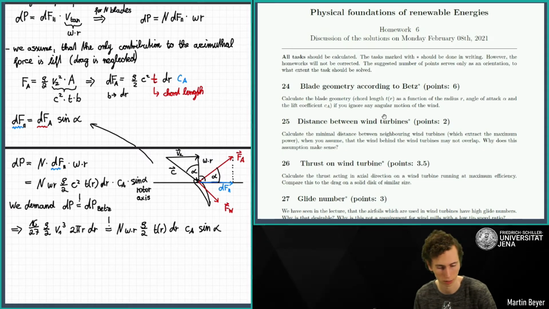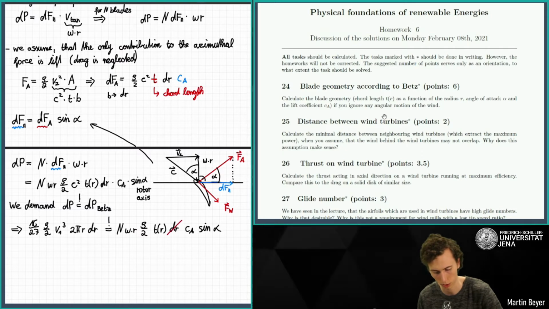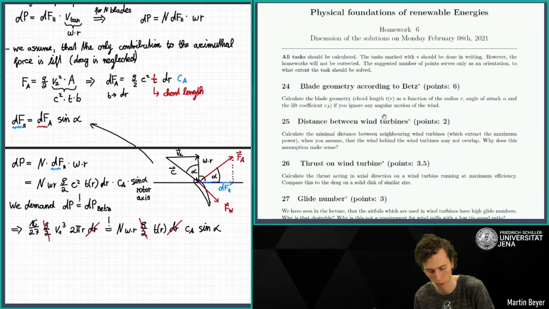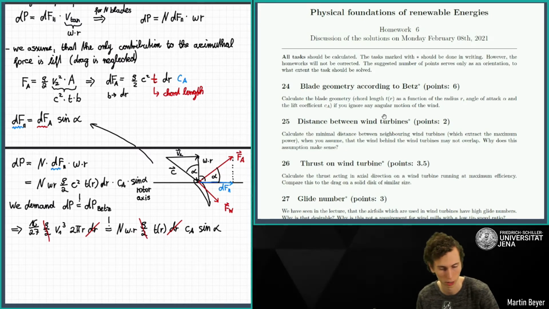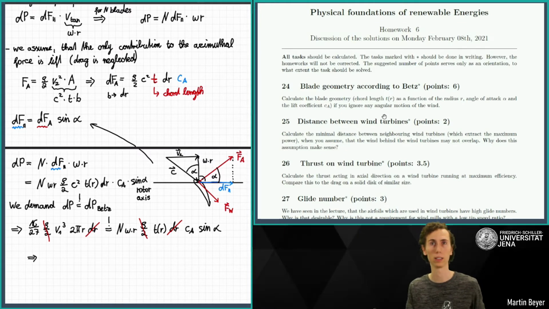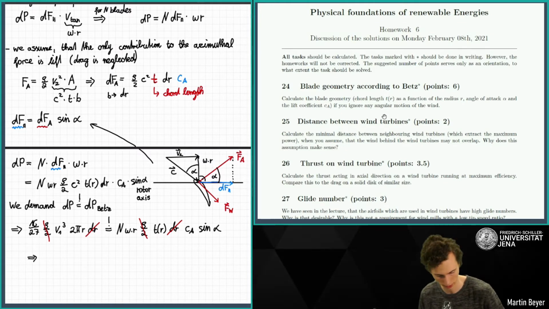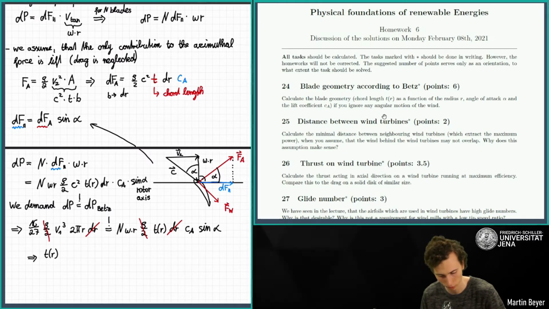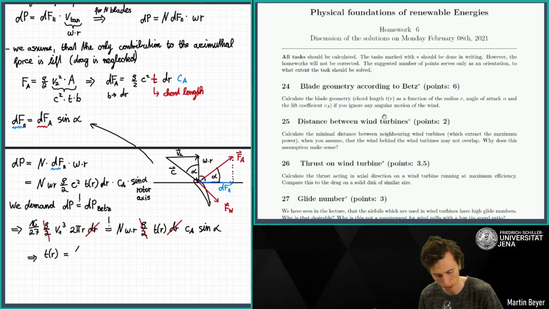What we have now is some same quantities on the right and the left. So this dr cancels out, this rho over 2 cancels out also. And just rearranging this equation a little bit, we can find the chord length. So T of r is, bring the n to the other side, 1 over n.